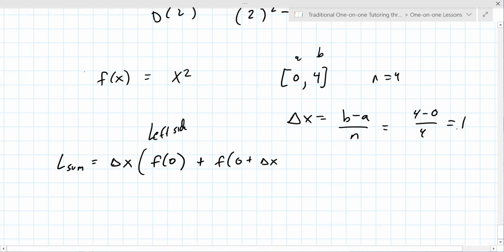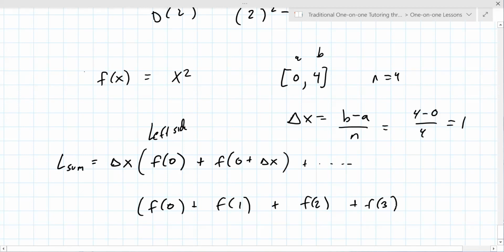Like you want to move over 1 unit. So this becomes f of 1 because delta x is 1. Then you want to do this again, so you want to find f of 2 because you keep going on this. And then you want to find f of 3. You stop when you have the 4 points that you need. So your delta x is 1 for this problem here.